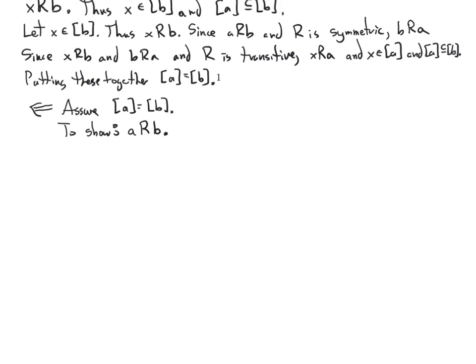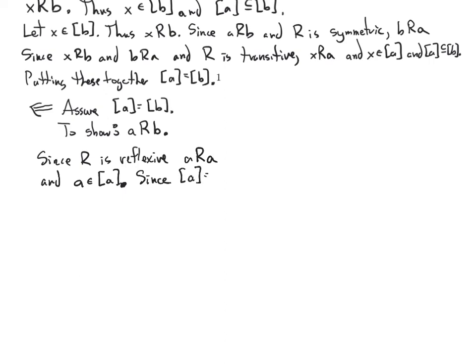So we want to show A is related to B. So we know that since R is reflexive, A is related to itself, because R is an equivalence relation, so everything is related to itself, and thus, of course, A is an element of the equivalence class of A. But since their equivalence classes are equal, since the equivalence class of A equals the equivalence class of B, well, A must be in the equivalence class of B.